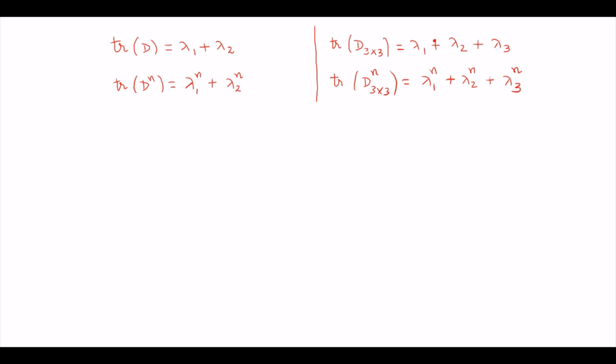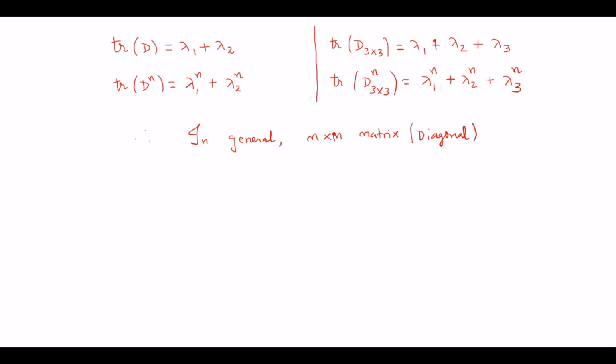So for any n by n matrix, therefore, in general, or maybe I will call it m by m matrix, especially this is a diagonal matrix, that means all the entries are only along the diagonal.